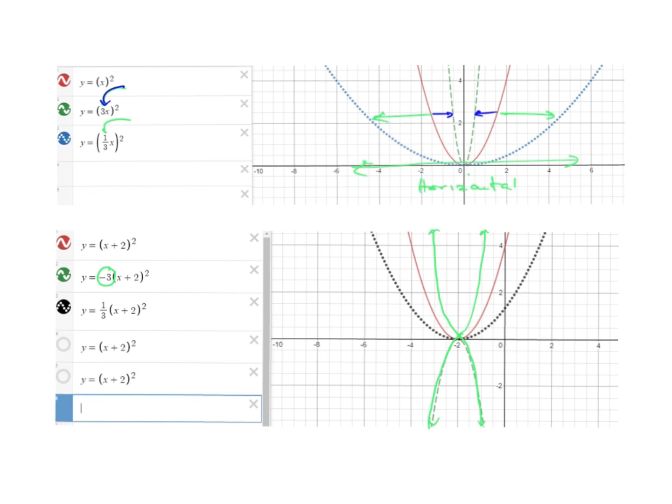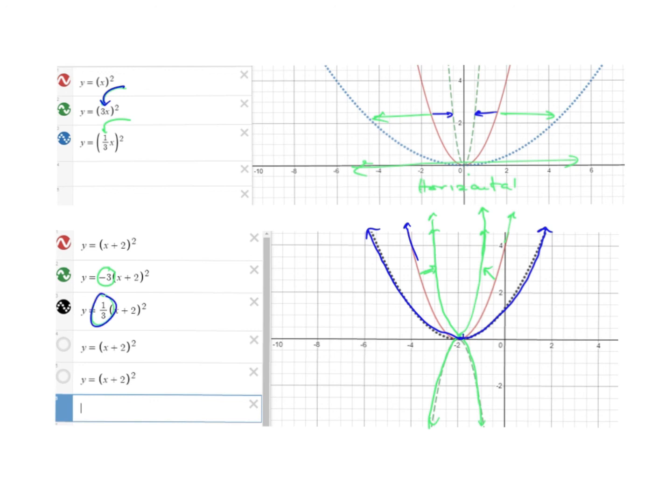But you see that 3 is stretching this, making it go further up. We'll call this a stretch. Instead of it being in this direction, it's becoming more vertical. And then this 1/3 in blue, instead of it being here, is now tending to shrink a little bit. So this is what we would call a shrink, when we have a number between 0 and 1 outside the parentheses.